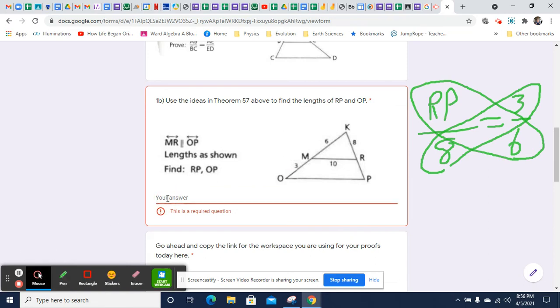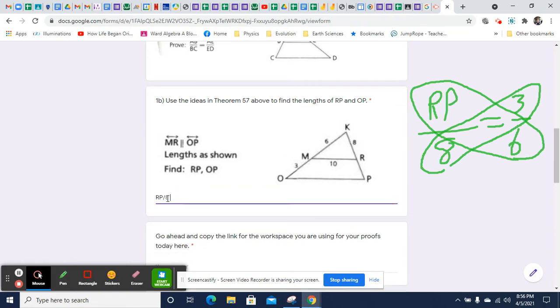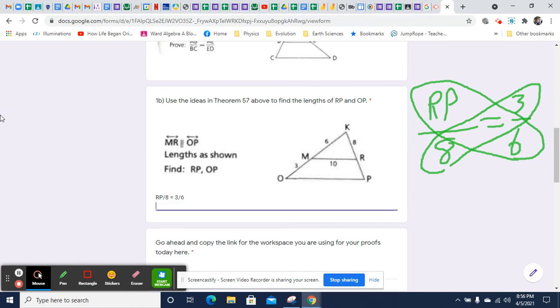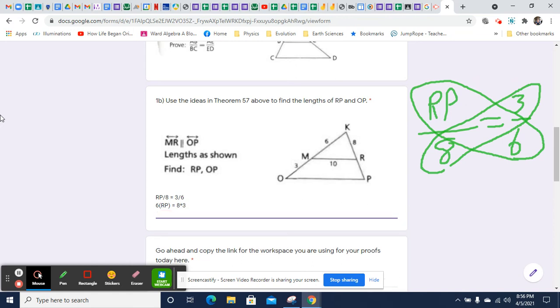And so when we say RP is to 8 as 3 is to 6, we can say 6 times RP equals 8 times 3. And then we can divide both sides by 6. So RP is going to equal 8 times 3 all over 6.